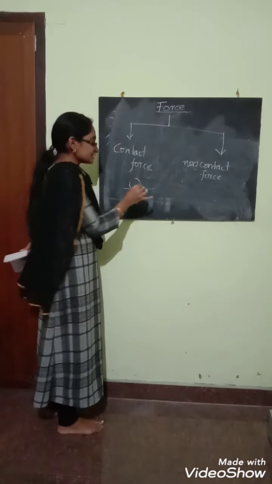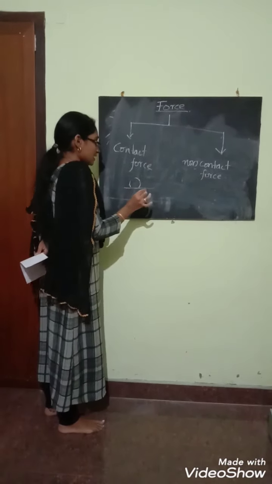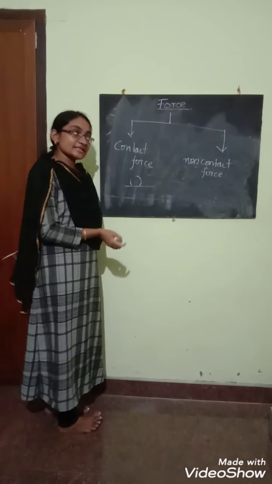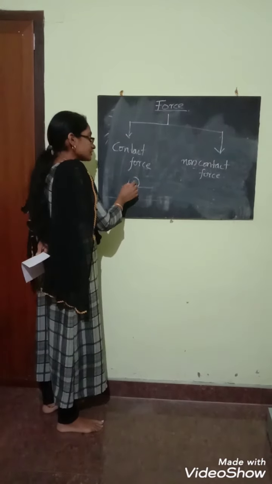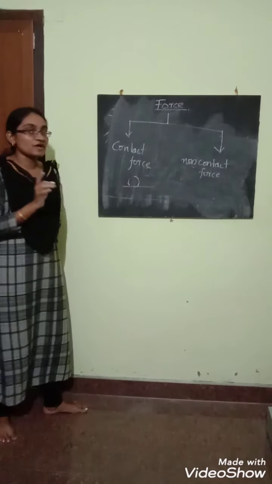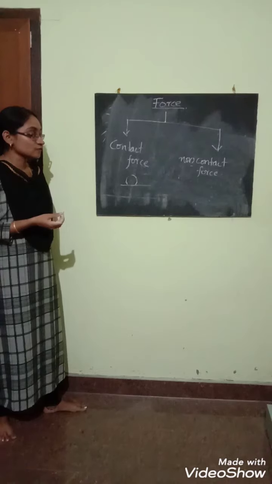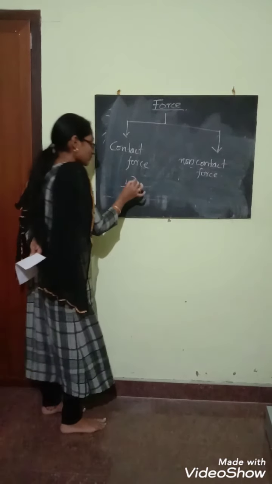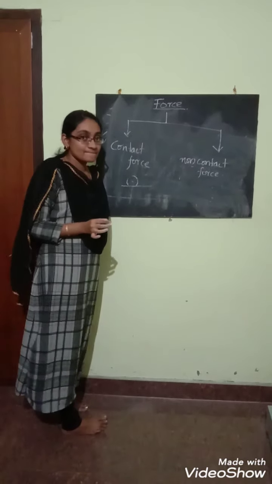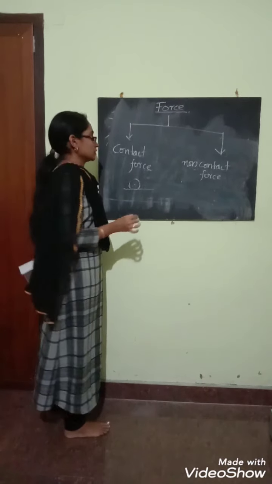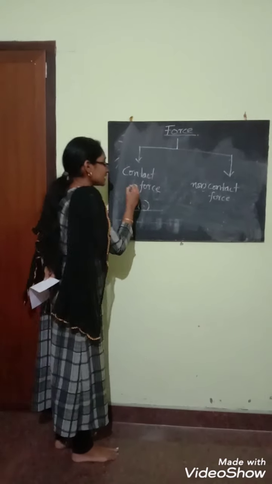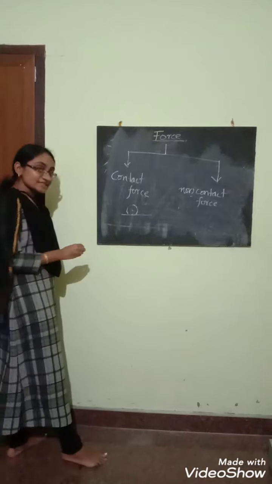After some time, this ball will stop. How does this ball stop? In the last class, we said that for stopping a moving object, we want to give a force. Then who is giving this force? This force is given by the ground.